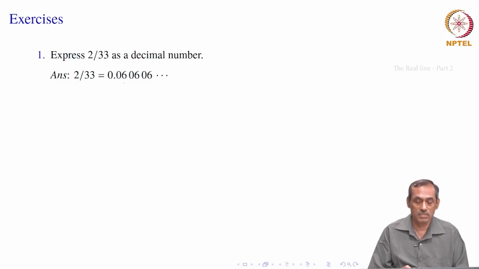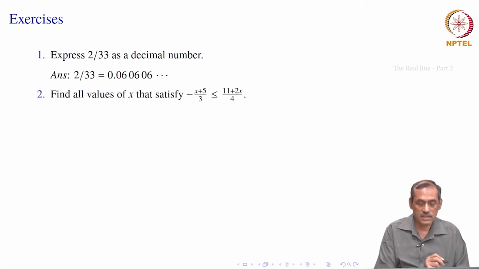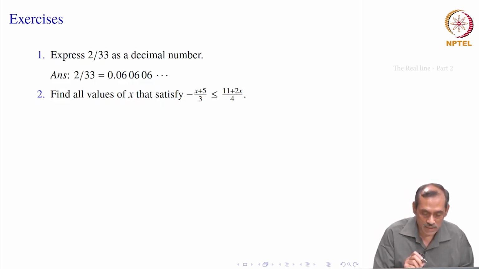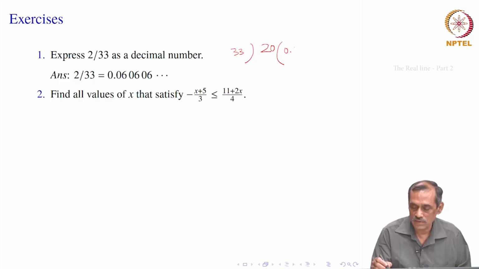So, that is how we will be proceeding. Next, let us see. In 2 divided by 33, when you start, there may be a missing 0. So, you start with 2 and take 33. You have 0 point, you put a 0, 20 is less. So, you put another 0, that gives you 200, and divide by 33. That gives you 6.